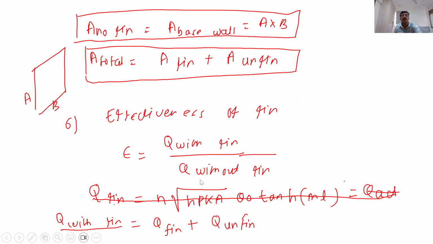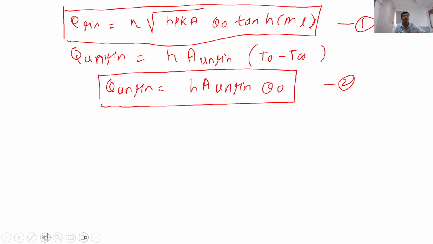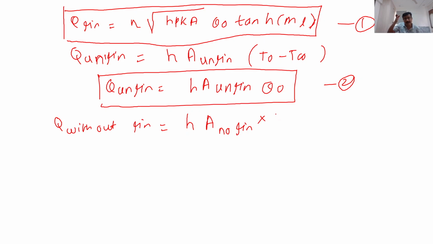Now, denominator Q without fin. How to calculate Q without fin? Q without fin is equal to H A no fin. Without fin means fins are absent, no fins, only the base remains.